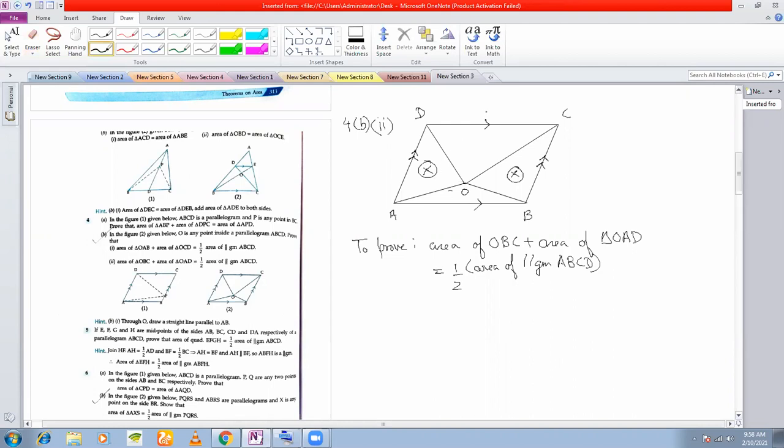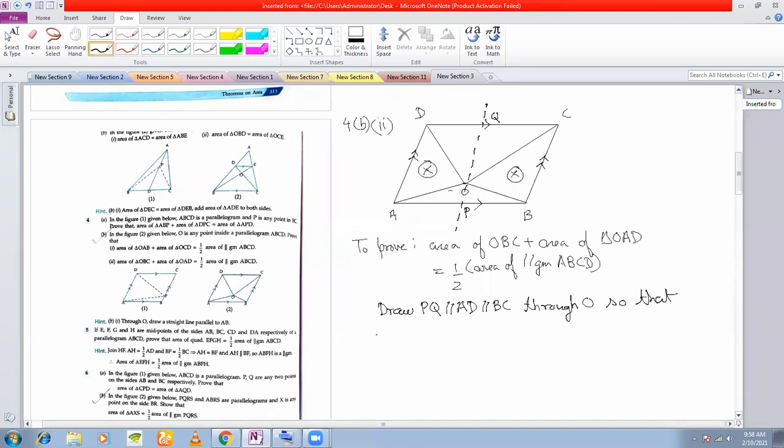What we'll do is we'll draw a line parallel to AD and BC. We'll draw a dotted line through O parallel to AD and BC and call these 2 points P and Q. So our construction is draw PQ parallel to AD, parallel to BC through O, so that we get two parallelograms once again.